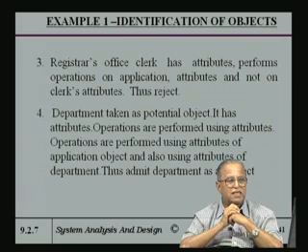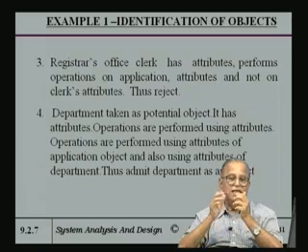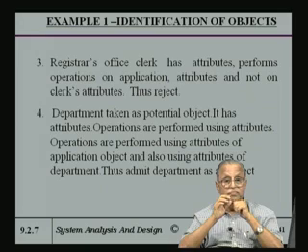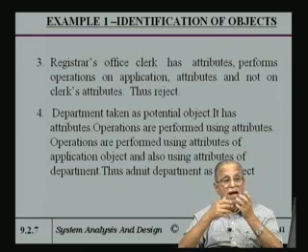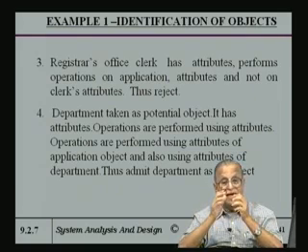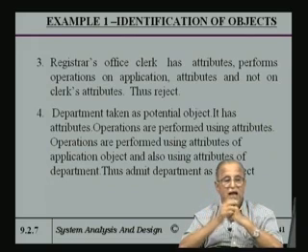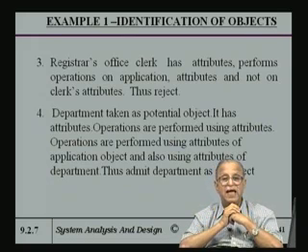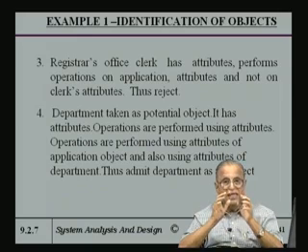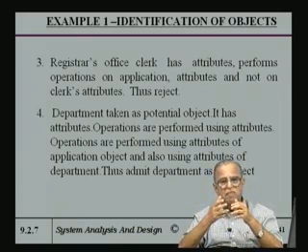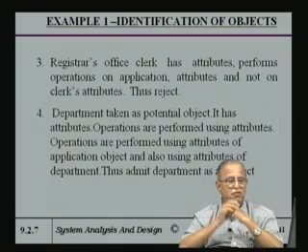So reject the clerk as an object, but the registrar's office has some function to do, and the function is performed by the clerk, you might say. So to that extent, the operations performed are relevant, but they are all performed on the application, and so application is a relevant one. Then the department: there will be some operations performed by the registrar's office, which we will come to.